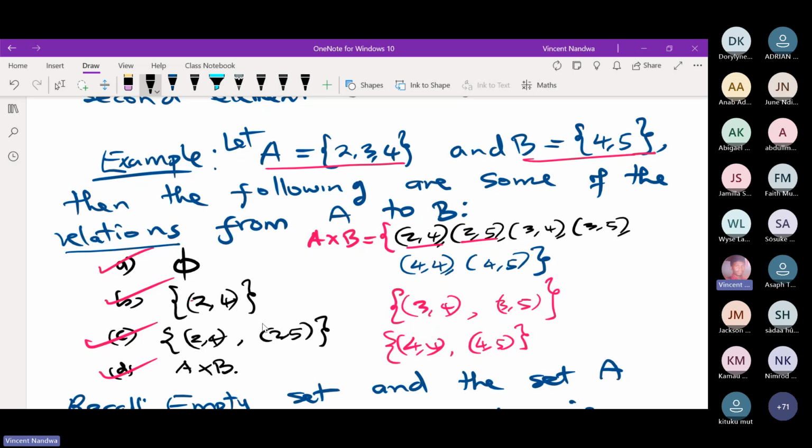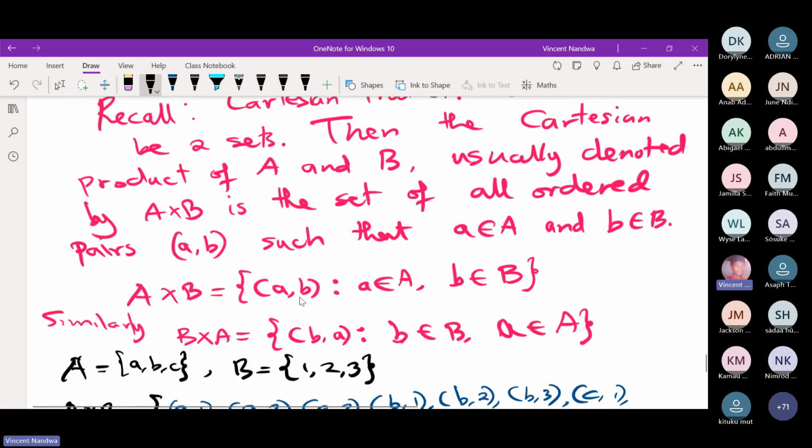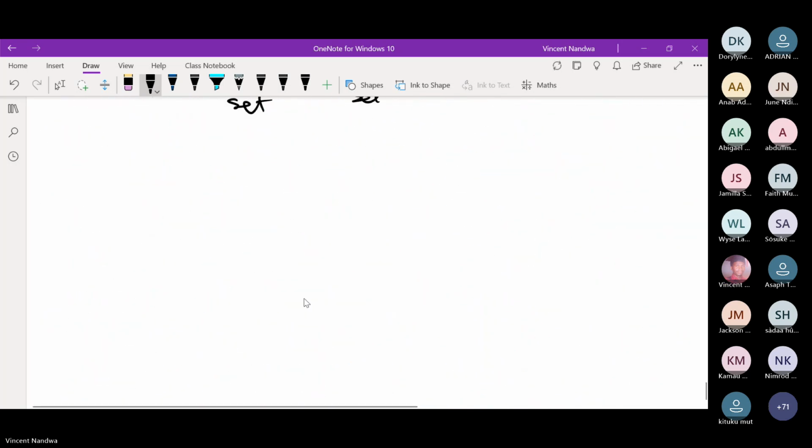Okay, maybe for us to get this one clearly, you remember when we were discussing sets, we defined the power set. What is the power set of a set A?